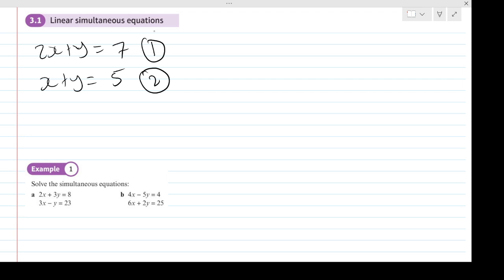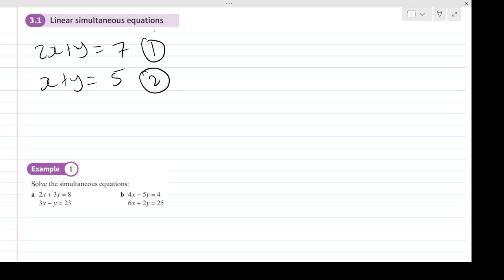When we have multiple equations with the same variables, we can solve them to get the unique values of x and y that satisfy both equation 1 and equation 2. And there are two methods to do that.